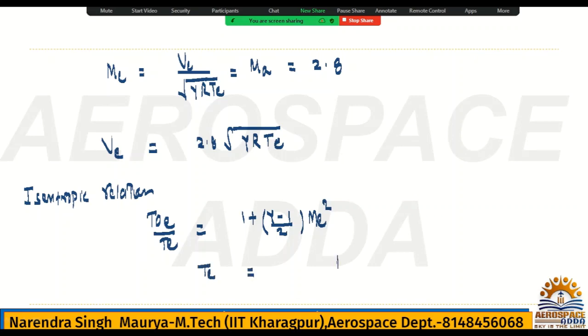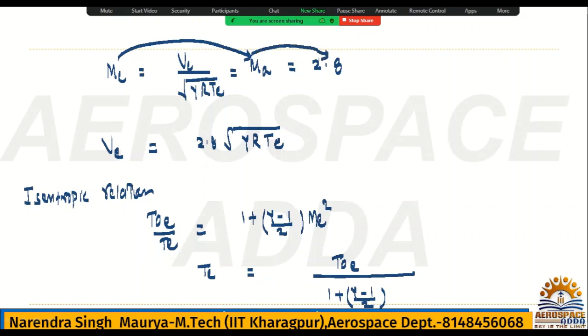TE is nothing but T0E divided by 1 plus gamma minus 1 by 2 ME square. What is ME? ME is nothing but MA, and what is MA? It is 2.8. So you can write here MA square. Okay.